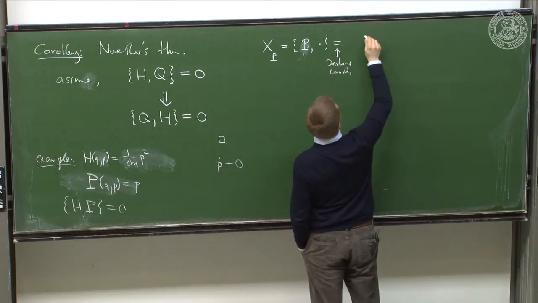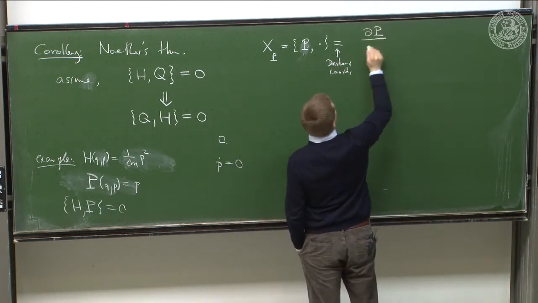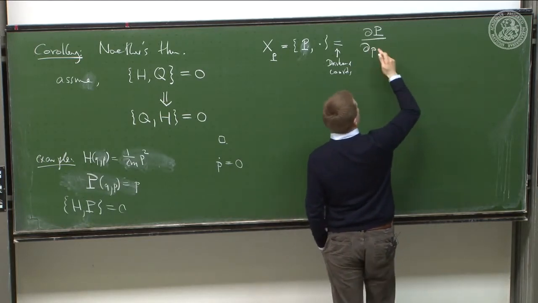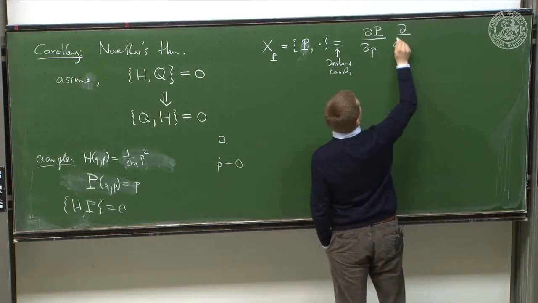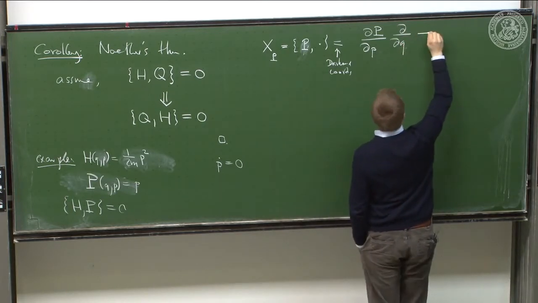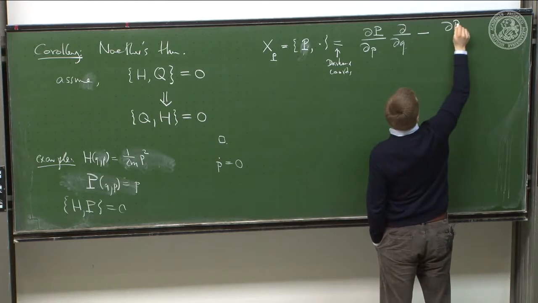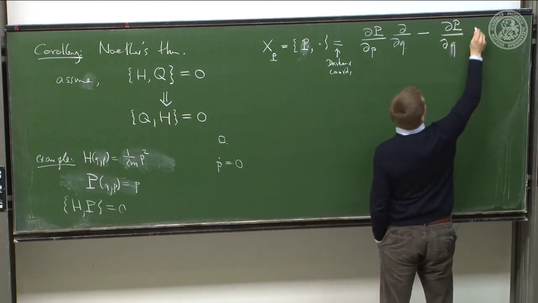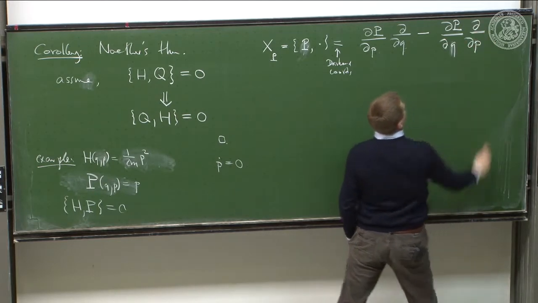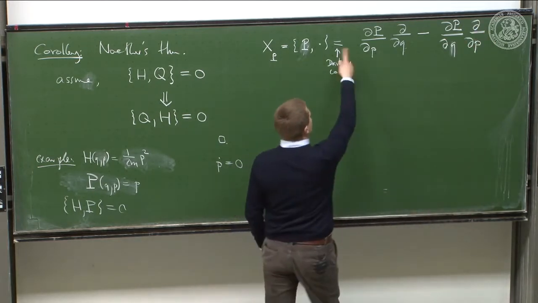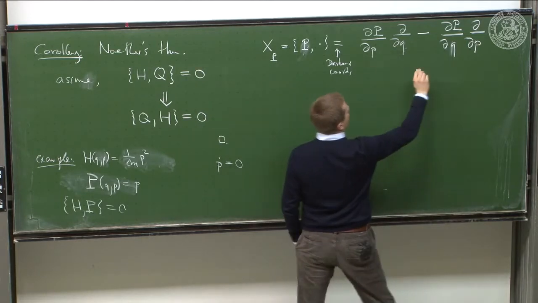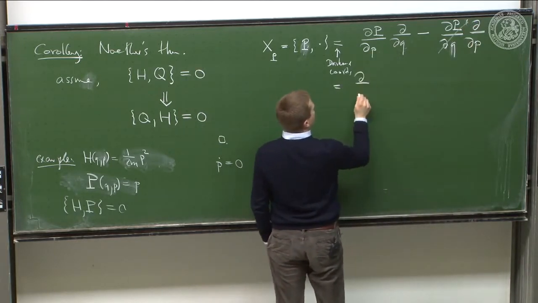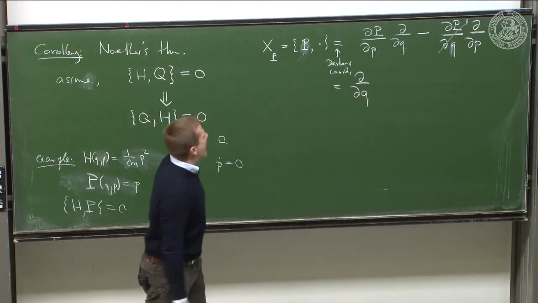So we get here dP by dp, yet now it's little p. There's usually an index, well, now there isn't. d by dq minus dP by dq d by dp. Aha. But the capital P is just a small p, so this term goes out, that's 0. This term is 1, so this is d by dq. Aha.